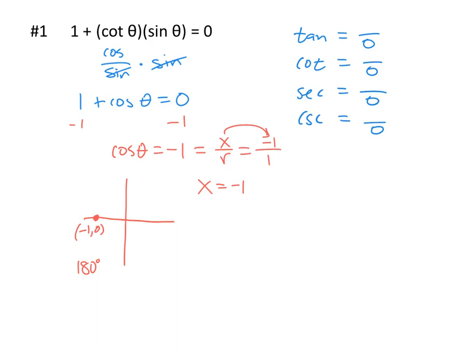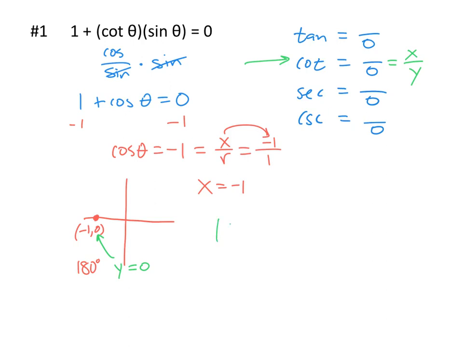So cotangent, in this case, we have cotangent in our original equation. So I want to see when cotangent would have a denominator of 0. Since cotangent is x over y, I cannot have cotangent where y is 0, because that would be undefined. And in this particular case, we have y equals 0.